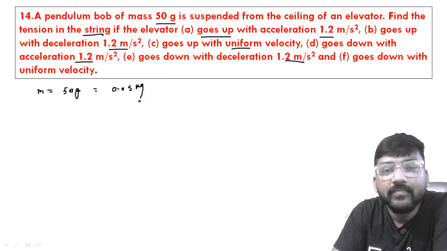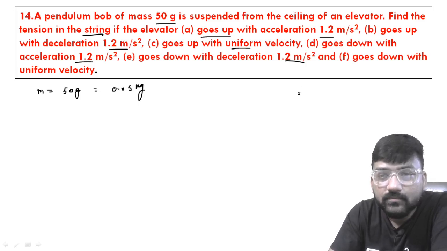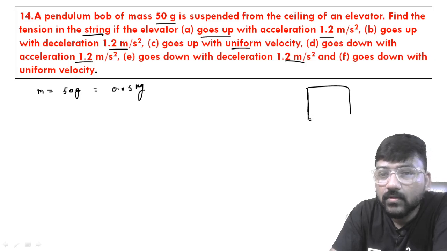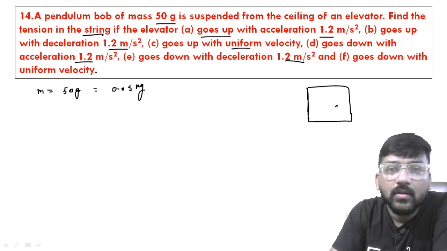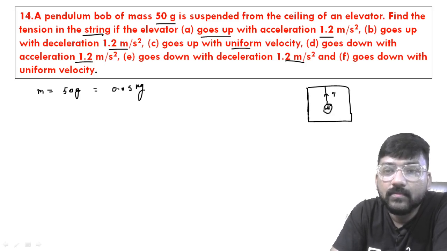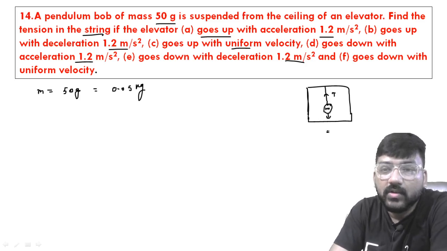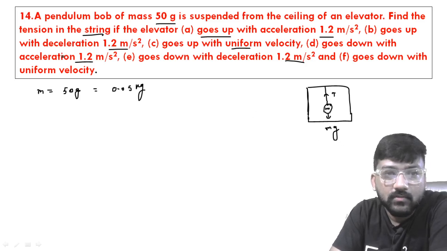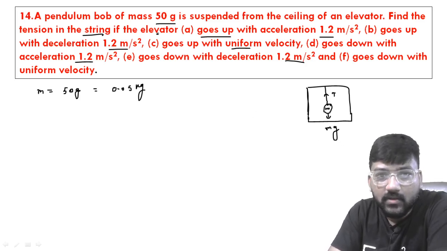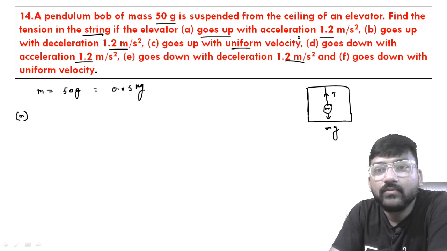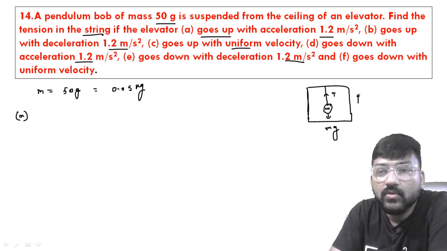Now what is the scenario here? A pendulum is suspended from the ceiling of an elevator, like this. The tension force is there, and mg along the downward direction. We have to find the tension in different cases. For case A, the elevator goes up with an acceleration a.